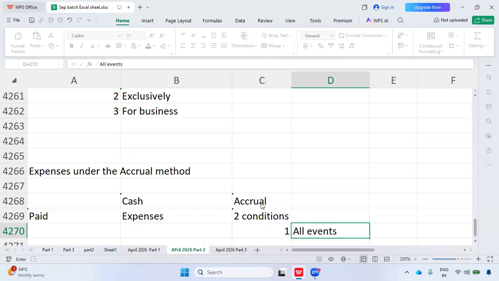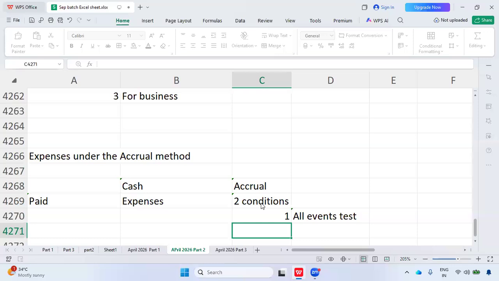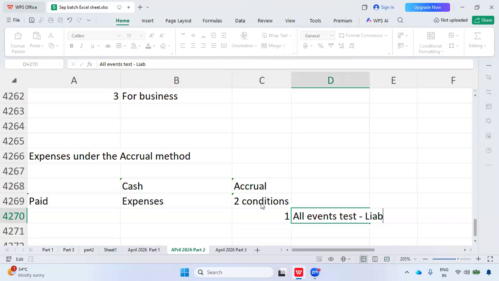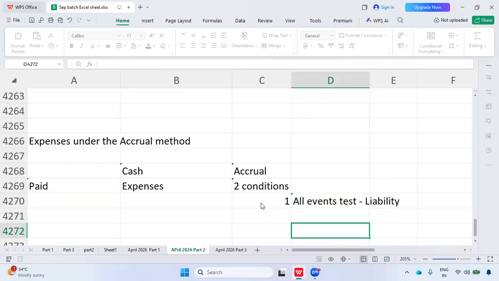All events test means generally we need to determine the liability. We need to estimate the liability, which should be with reasonable accuracy.